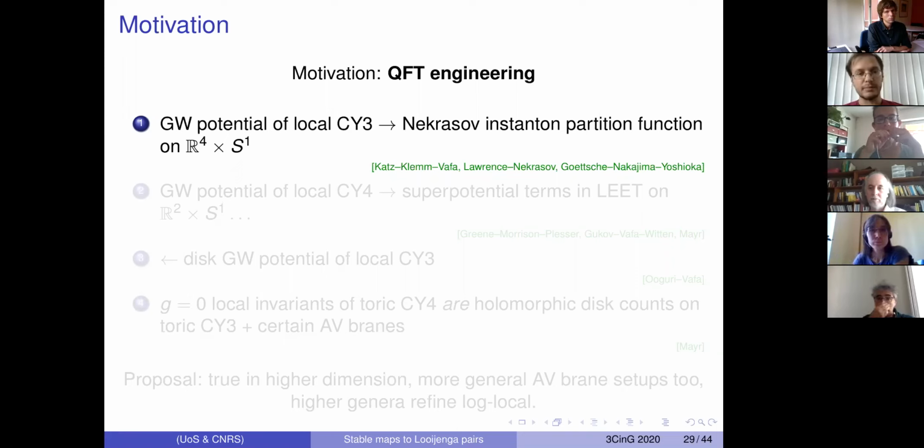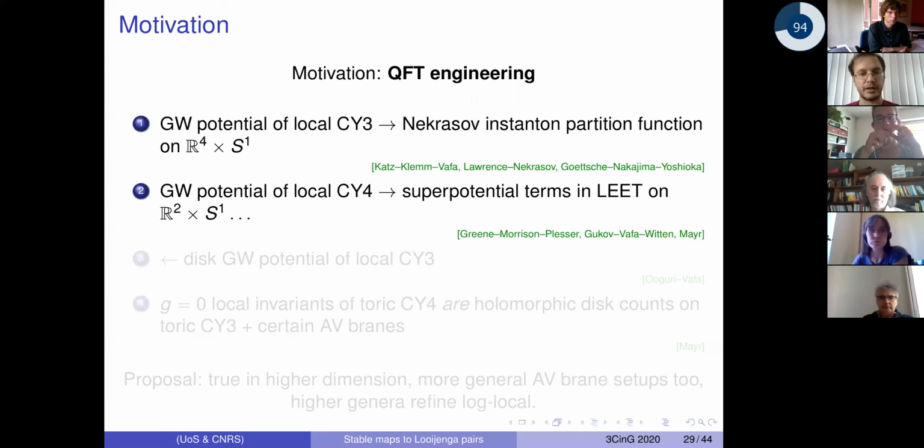So Gromov-Witten potentials are sometimes related to terms in effective actions of actual quantum field theories in 4 dimensions, or 4 dimensions times a circle, by type IIA or M-theory compactification on them. One could try to go 1 dimension up in the compactification and ask what happens in terms of the effective terms computed by taking type IIA or M-theory compactification on a local Calabi-Yau 4-fold.